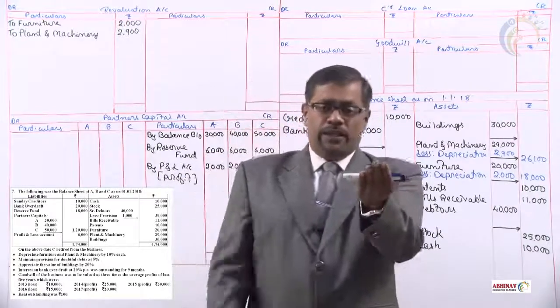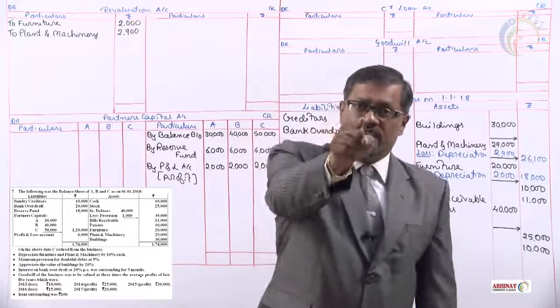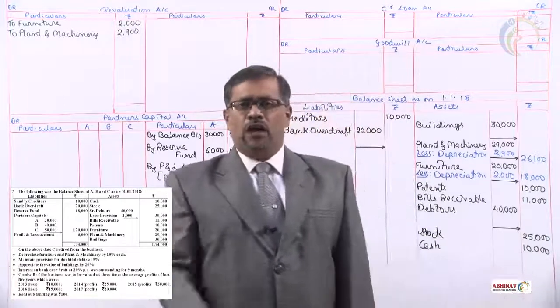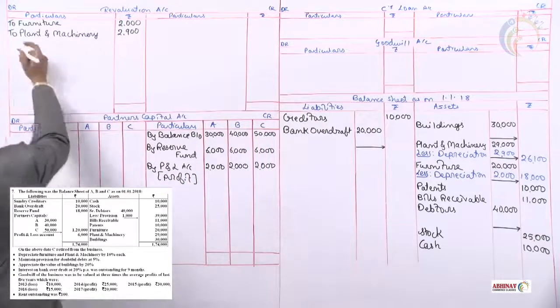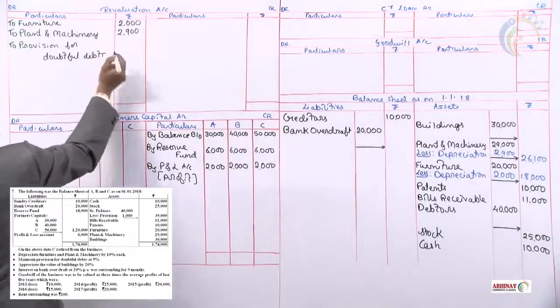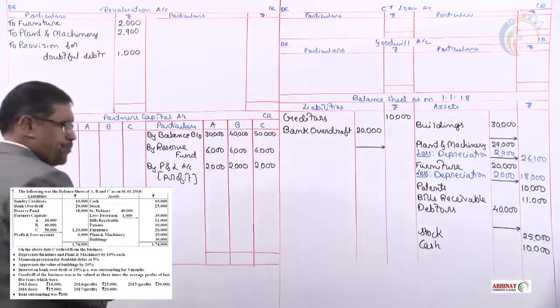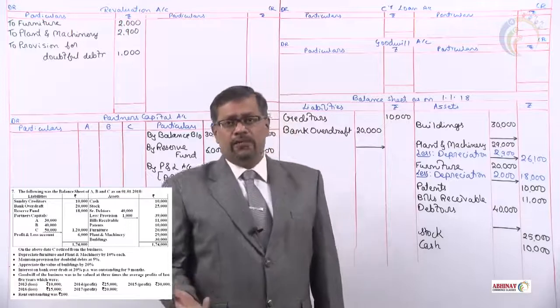Already in the balance sheet, 1,000 provision is there. Old provision 1,000. New 2,000. Increase in the provision is increase in the loss by 1,000. Increase in the loss, revaluation account on the debit side, to provision for doubtful debts, rupees 1,000. Second, we have to minus it from debtors. What to minus from debtors?